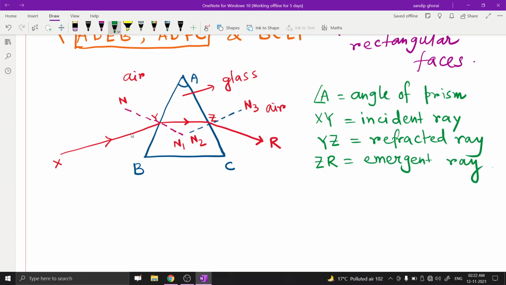Here this angle is I, so angle I is the angle of incidence.